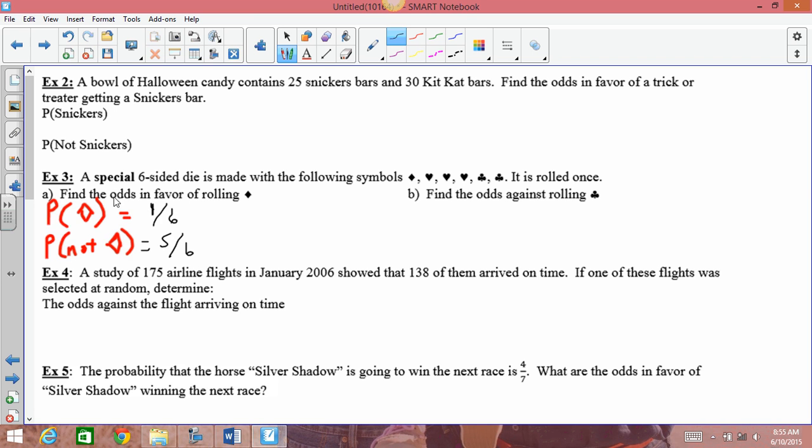Now, if I want odds in favor, then I want the success, the yes, on top, so that's going to be 1/6 divided by the failure on the bottom, 5/6. Like I talked about a minute ago, denominators are the same, they cancel out. That leaves me with 1/5, which would be 1 to 5. Final answer. Those are my odds, 1 to 5.